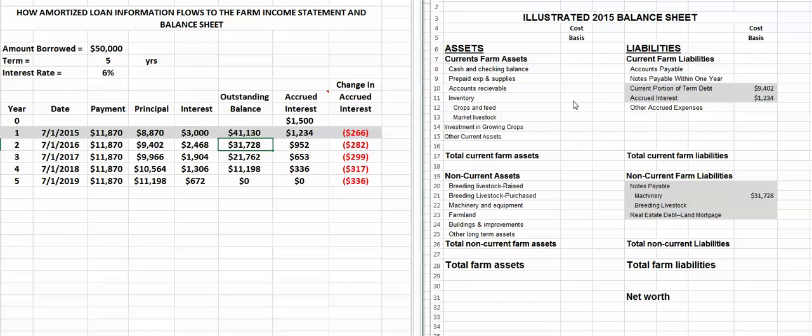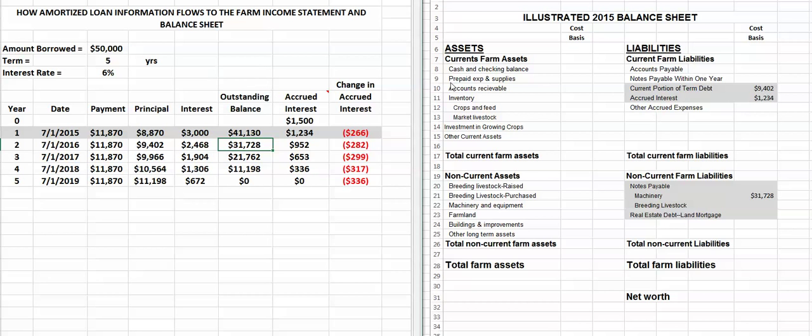For quiz purposes, I am not going to ask you to build an amortization schedule, because that's not the purpose in this particular case. What I will do is give you an amortization schedule. It'll have all these values in there. I'll give it to you for more than one loan, so you'll probably have two or maybe three.